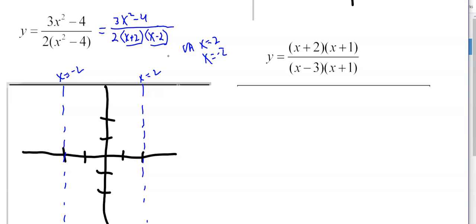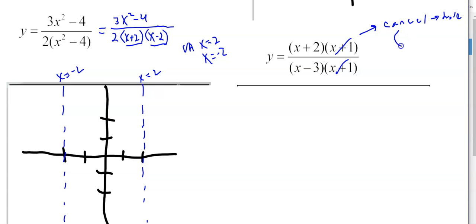Okay, and this last one, this is where the hole comes in. So if you've got it factored, which you do, you may notice something interesting about this problem. The x plus 1 cancels. So when that happens, when you cancel with rational functions, you're going to cause a hole.